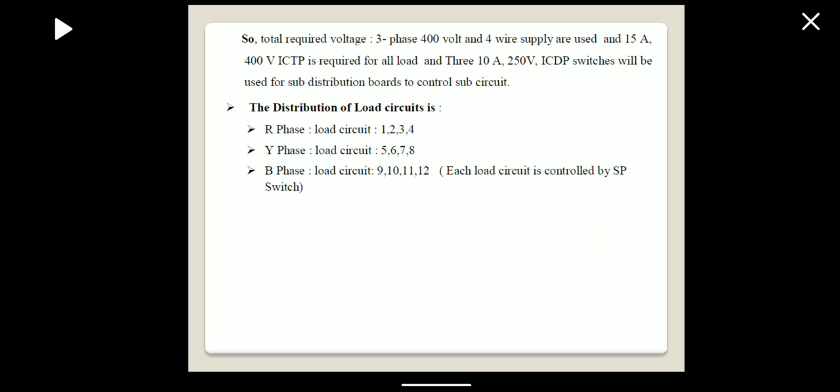Then distribution of the load circuits. The R phase load circuits are 1, 2, 3, 4, Y phase 5, 6, 7, 8, and for the B phase 9, 10, 11, 12. Each load circuit is controlled by an SP switch.